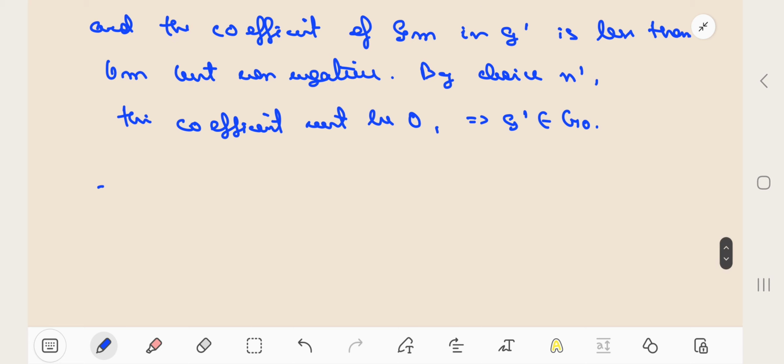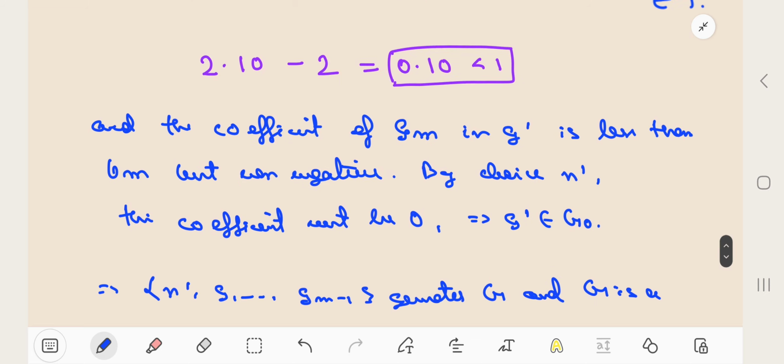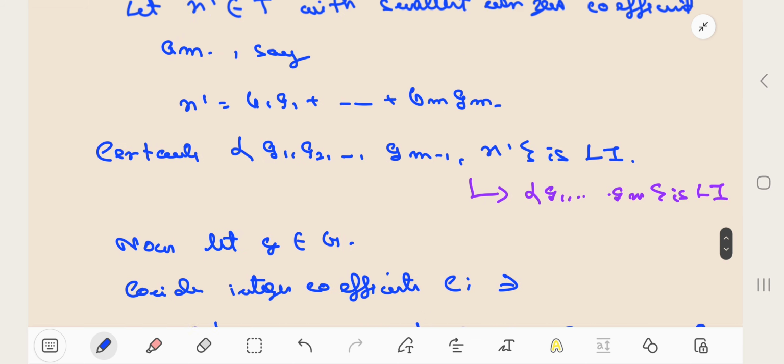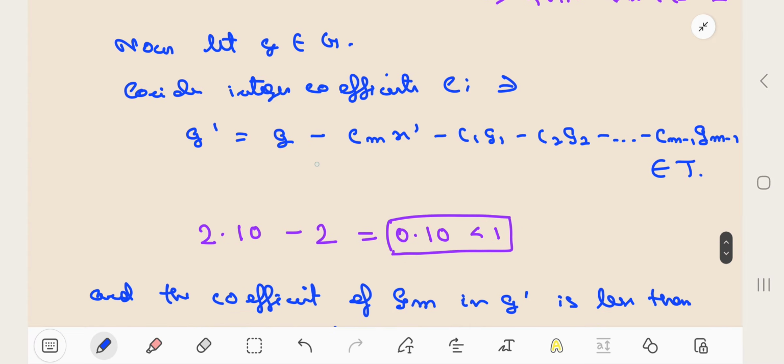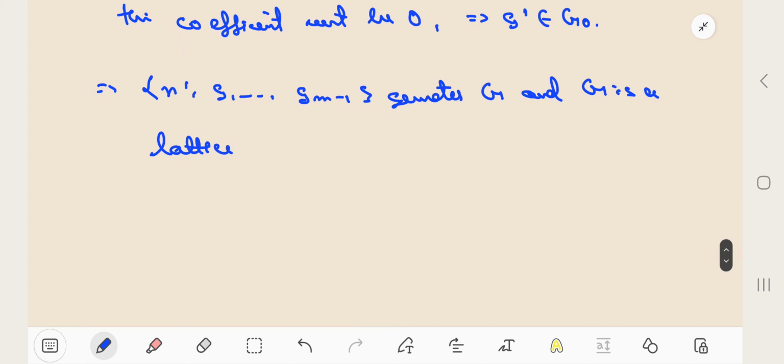But then this immediately implies that x prime and all the other vectors G1 till Gm minus 1 generate G, and hence G is a lattice, because from here I am able to represent G as a linear combination of the elements x prime, G1 till Gm minus 1. Clear? Okay.